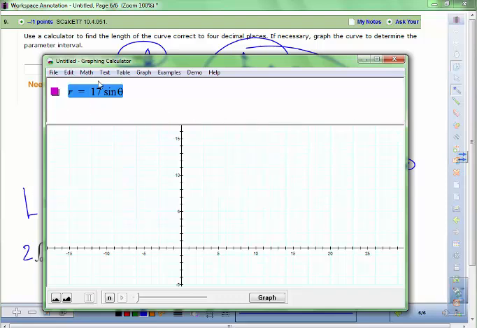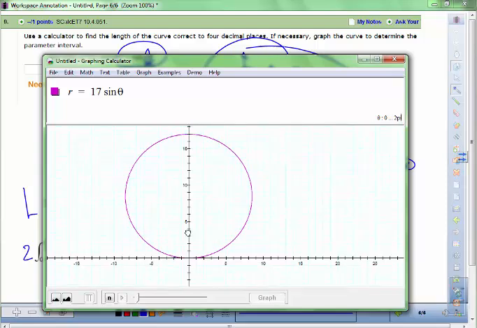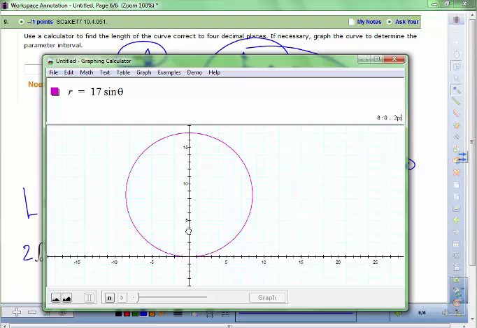Another family of curves would be, say, 17 times sine theta from 0 to 2 pi. When you first see this graph, you say, oh, okay, so this is the thing that's being drawn from 0 to 2 pi. But if I don't go from 0 to 2 pi, what if I just go from 0 to pi?